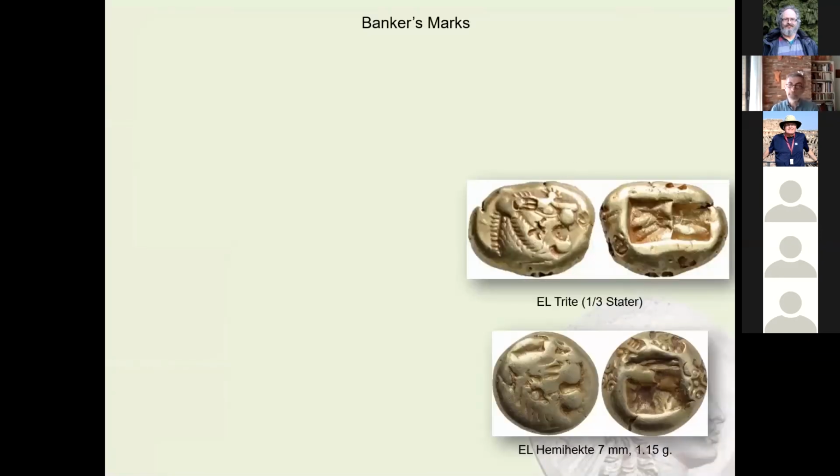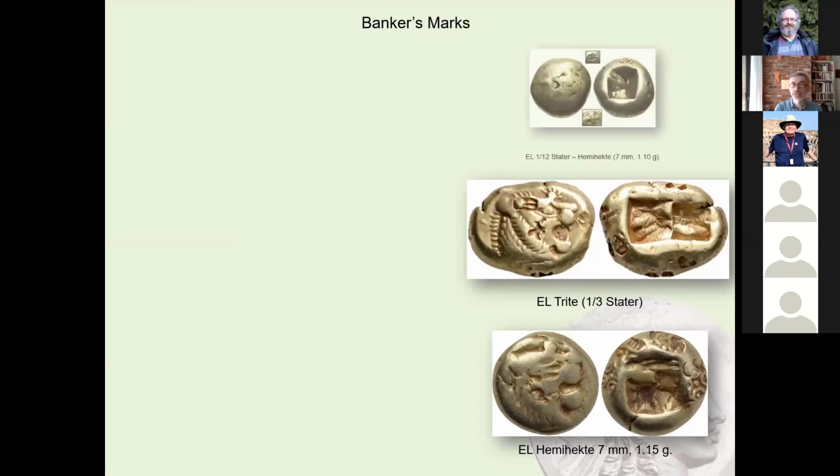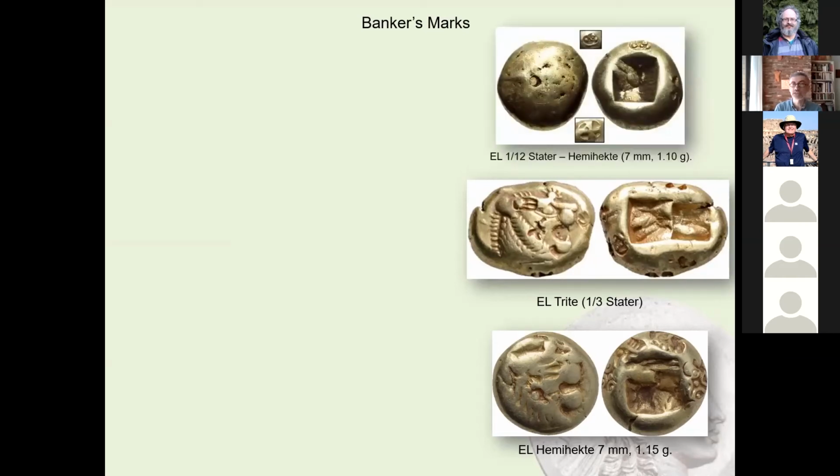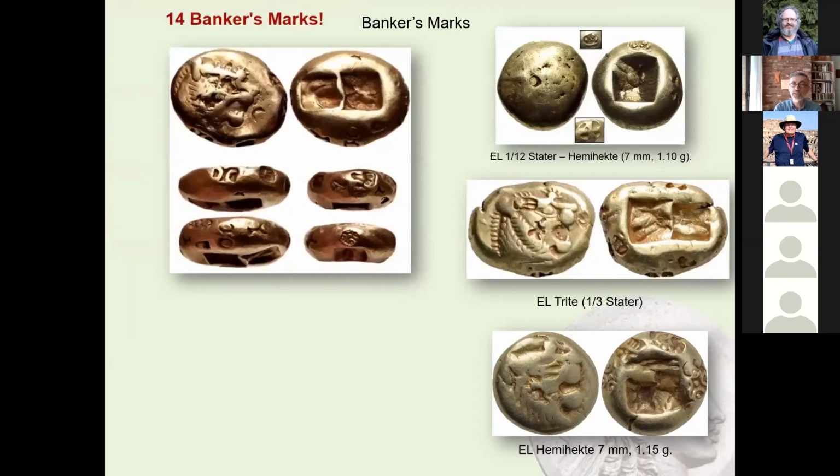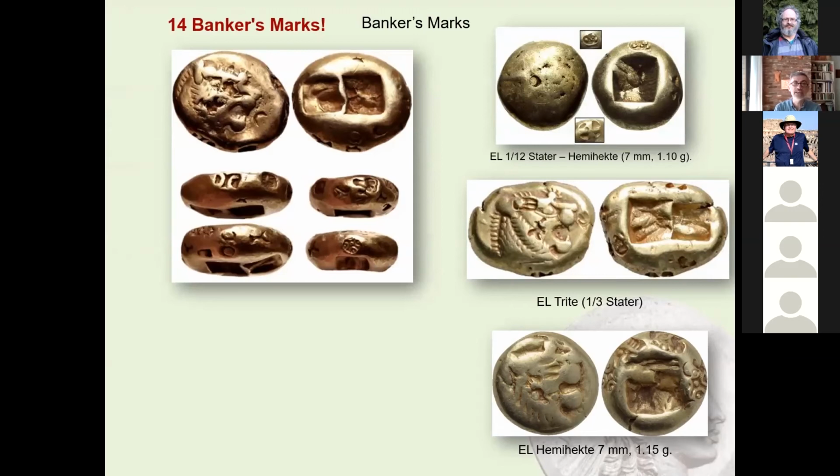To validate a good coin, they also use banker's marks, or marks that we numismatists say are banker's marks. Sometimes you have one, sometimes you have several, and as in this example, you have 14 banker's marks. It's not a game.